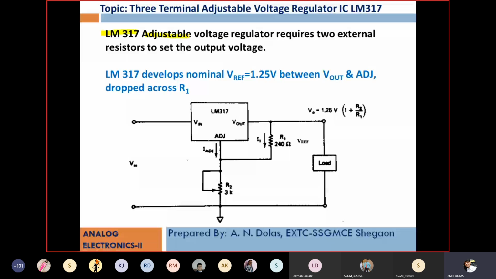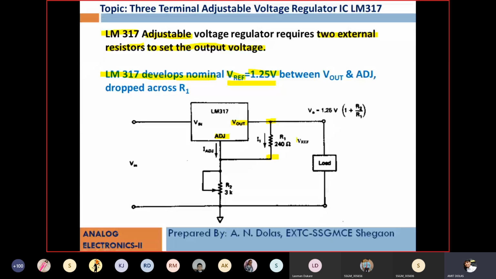LM317 is an adjustable voltage regulator that requires 2 external components, resistors, to set the output voltage. LM317 develops a nominal V reference of 1.25 volt. If you check the voltage between these 2 terminals, the output terminal and the adjustment terminal, there is a fixed voltage across it, that is 1.25. It is constant under any condition.